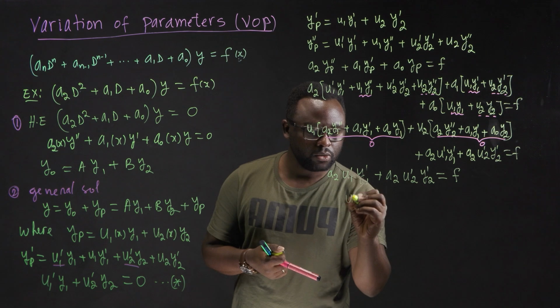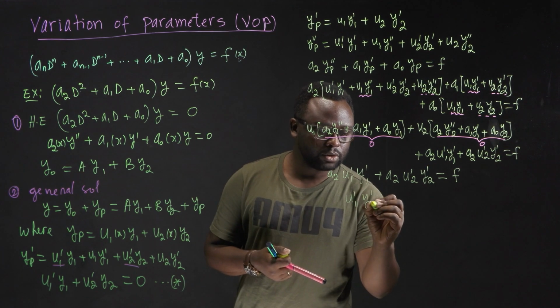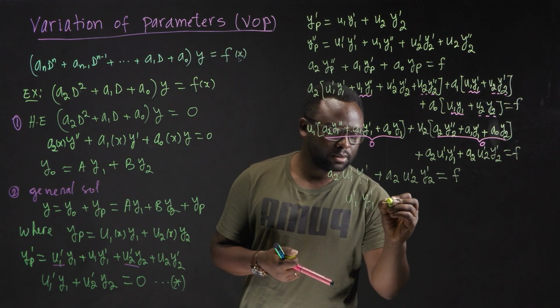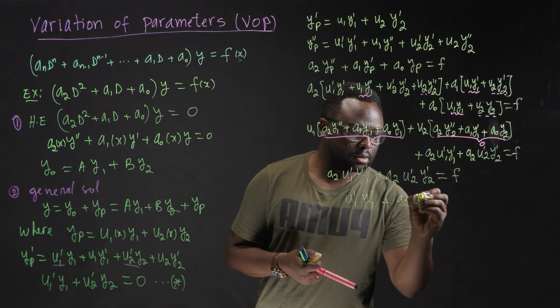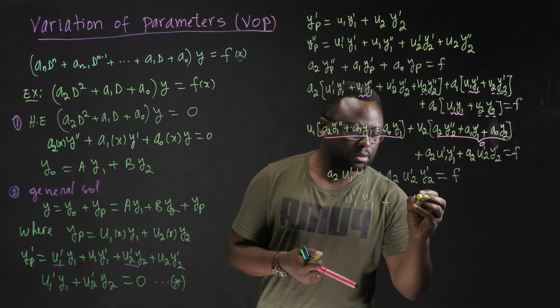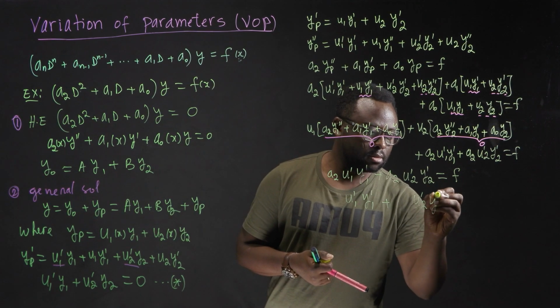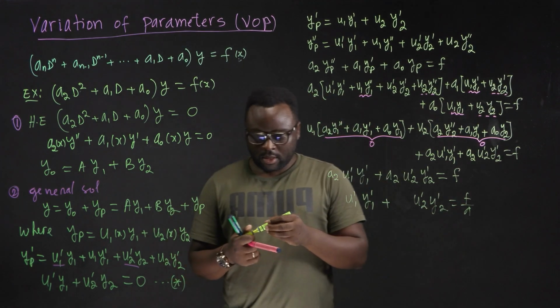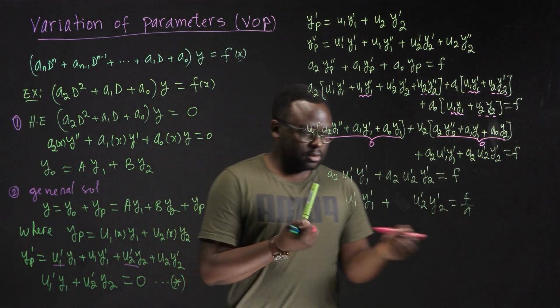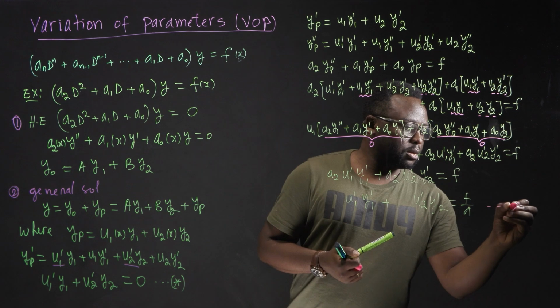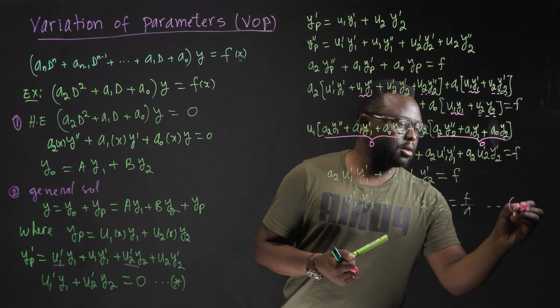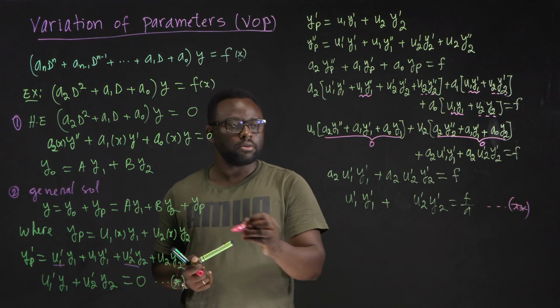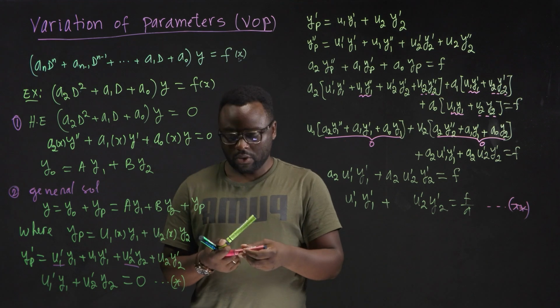So this is u1 prime y1 prime plus u2 prime y2 prime equal to f over a2. If we call this equation 2 star, then if we combine first 1 star and 2 star, we have the following.